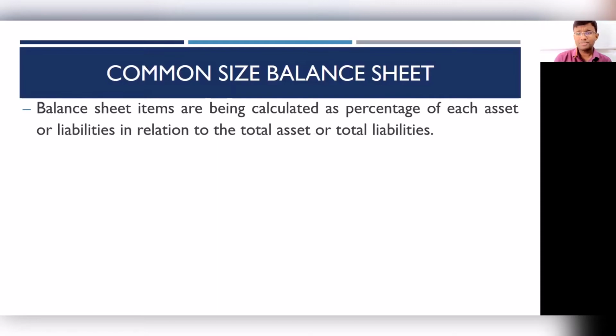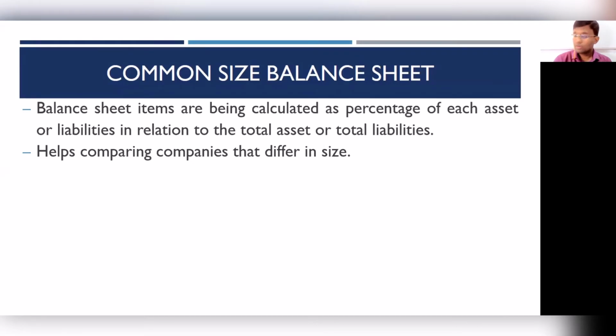Talking about the common size balance sheet, all the balance sheet items that you see here are expressed as a percentage of the asset or the liability. Each asset or each liability item that you would come across in the balance sheet is expressed as a percentage of the total asset or the total liability. Now, what is the rationale behind this?